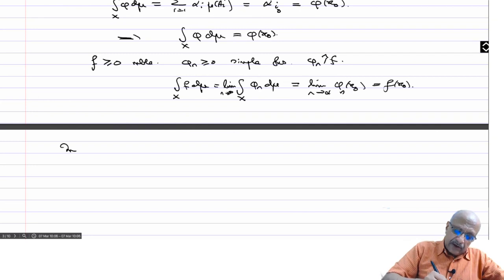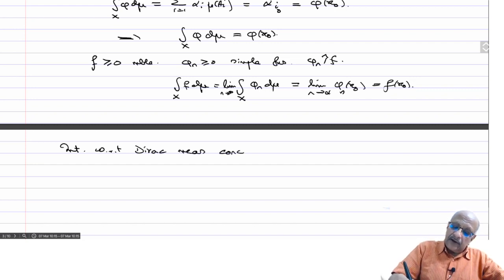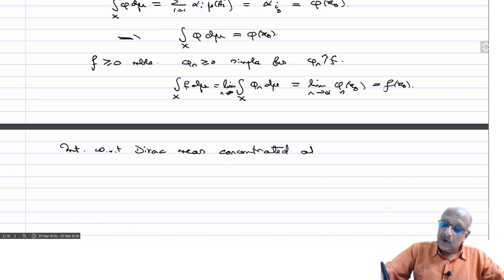So integration with respect to the Dirac measure concentrated at x naught is just evaluation of the function at x naught.